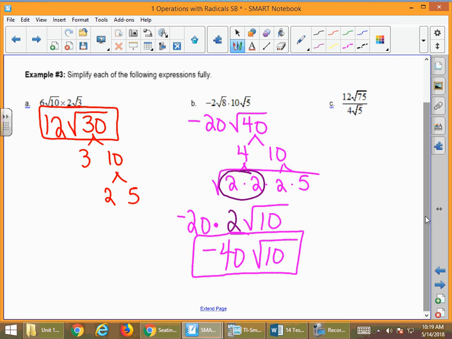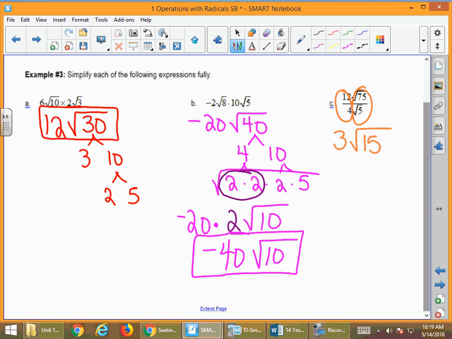When we look at division on letter C, what I recommend is that you do the division first and then simplify. It may be a little bit shorter. We're going to divide 12 by 4. And 12 divided by 4 is 3. Then we're going to divide the square root of 75 divided by 5, which is the square root of 15.